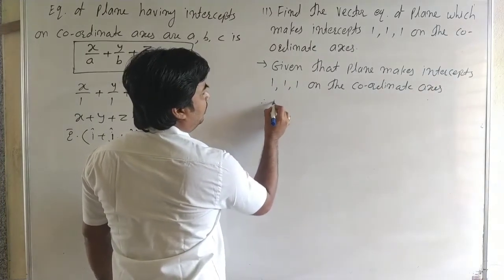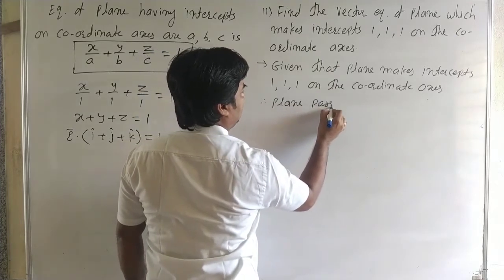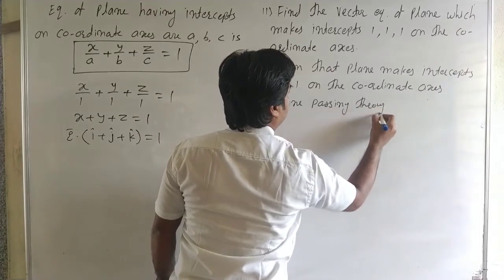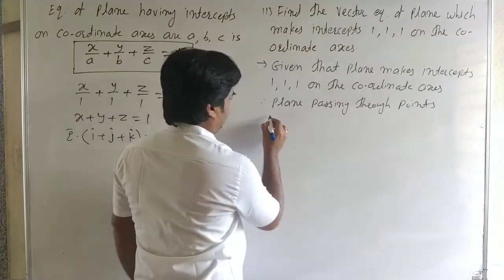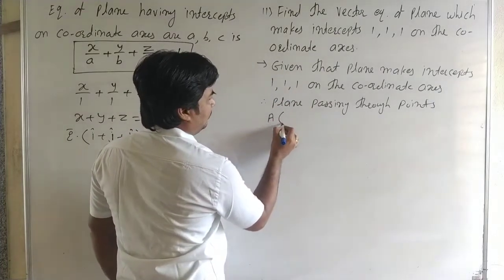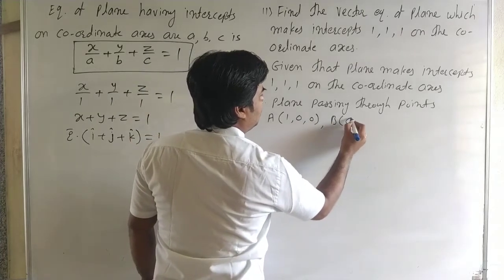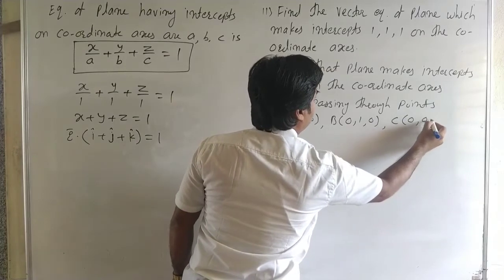Therefore, the plane passes through points A (1, 0, 0), B (0, 1, 0) and C (0, 0, 1).